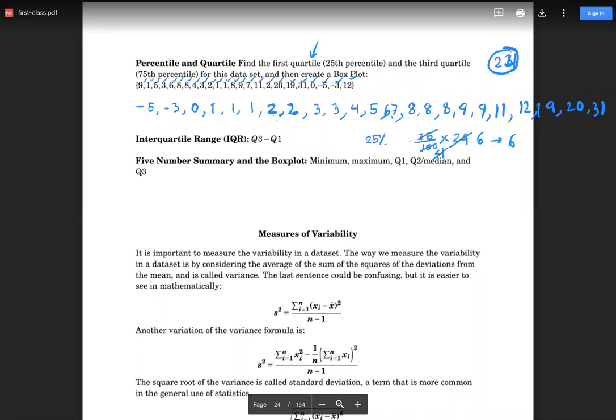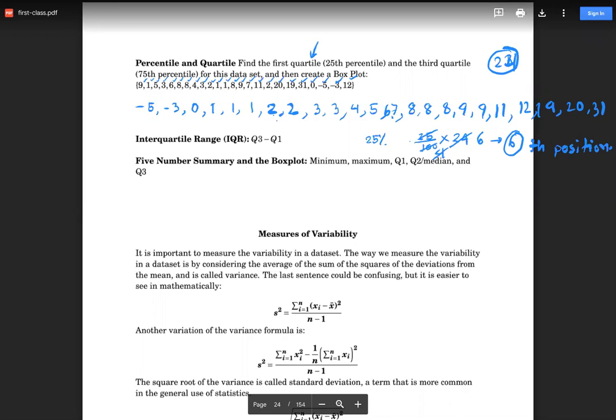The answer is not 6. You are looking for the data point in the 6th position. Okay? You look at the data point that is in the 6th position.